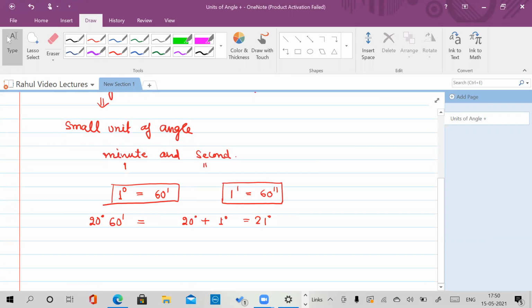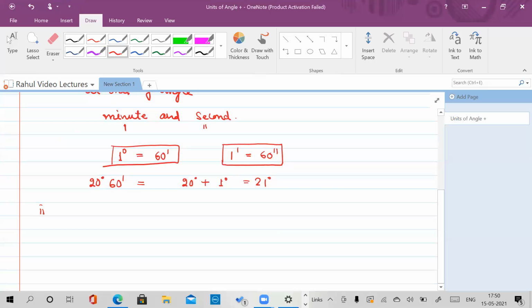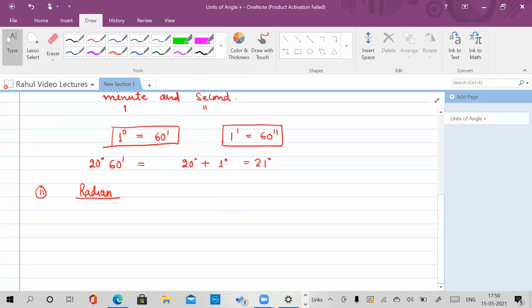Now the second unit is radian. Radian is basically in terms of pi, and pi is equal to 180 degree. Pi is your unit in radian. So pi radian equals 180 degree.